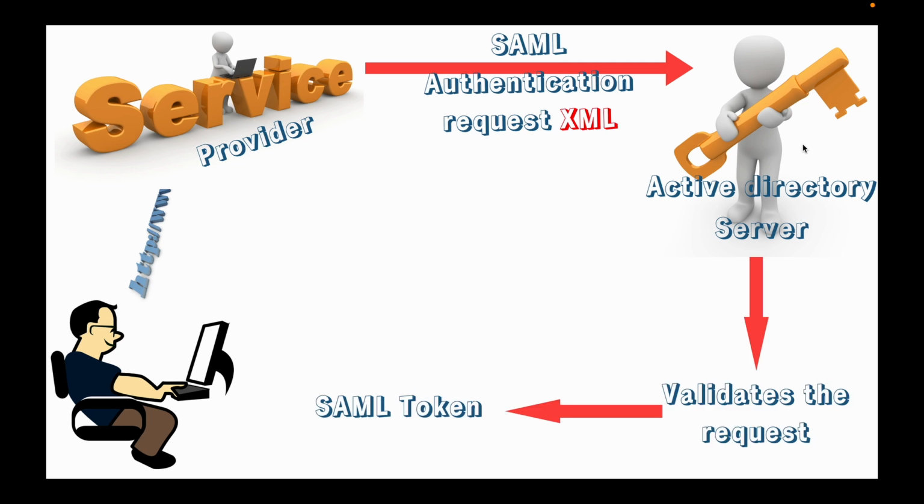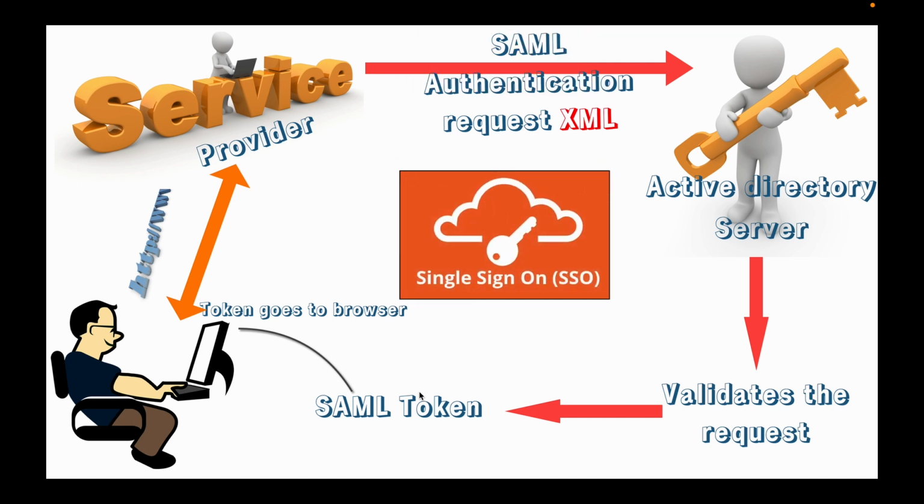This Active Directory server will validate the request. It will check whether the request has come from a legitimate user or not. If the request is from a legitimate user, it will validate the request and generate a SAML token. Now this SAML token will go to the web browser again. So it goes to the browser, and then in turn it goes back to the provider.